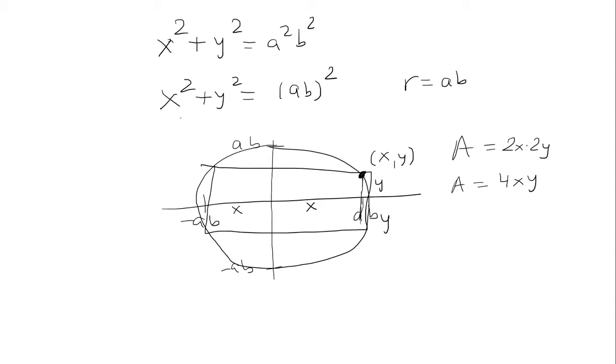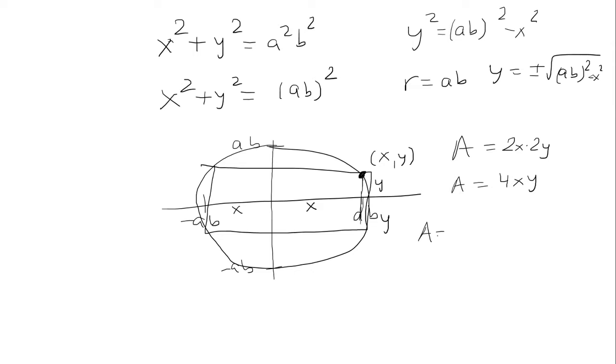Now we know that x² + y² = (ab)². So y² will then be (ab)² - x², which means y will be plus or minus the square root of (ab)² - x². Now, because we want to find the area, it doesn't make sense to multiply by the negative y value, because area should be positive.